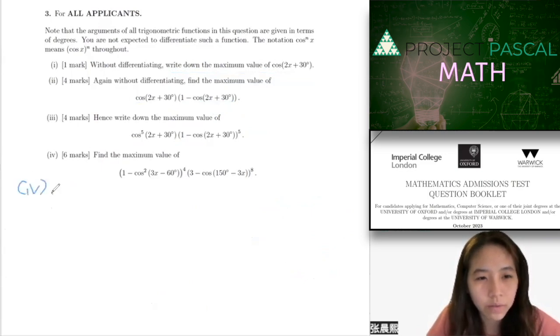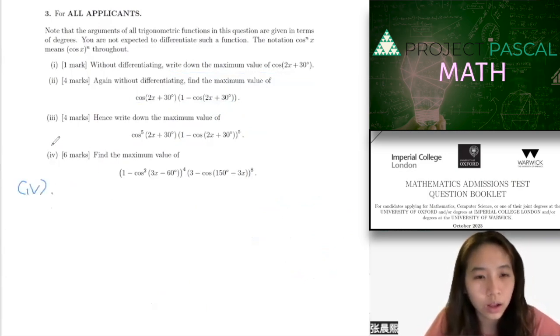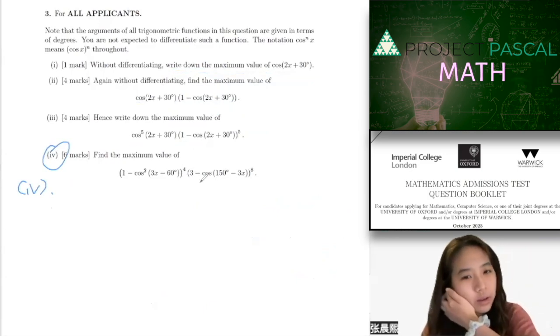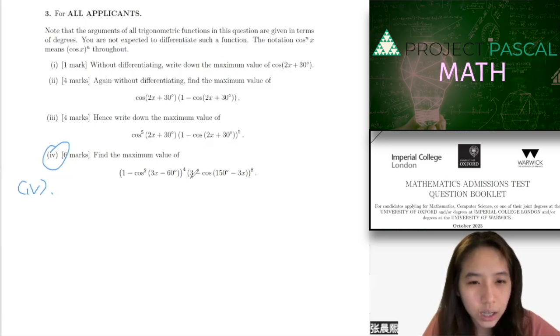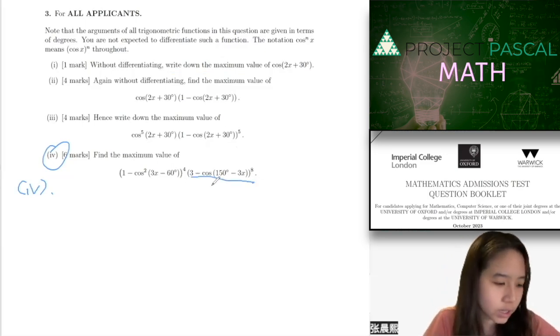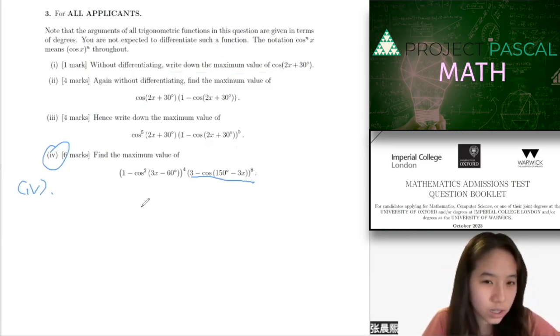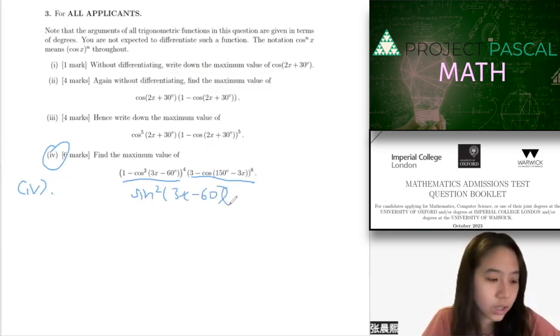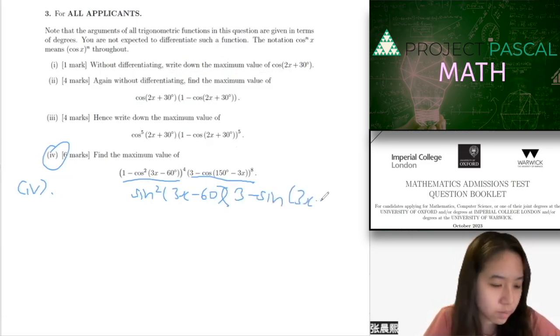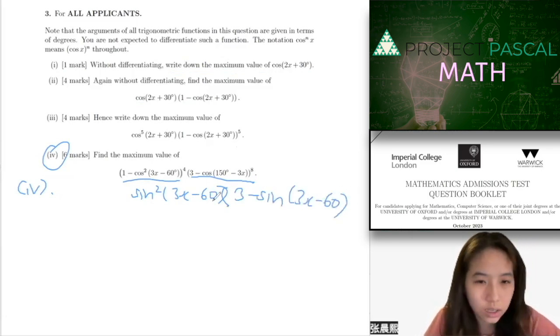Okay, and now for question 4. Well, this time it's a bit different. So you sort of have to realize that this thing is sine squared 3x minus 60, and this thing is 3 minus sine 3x minus 60.